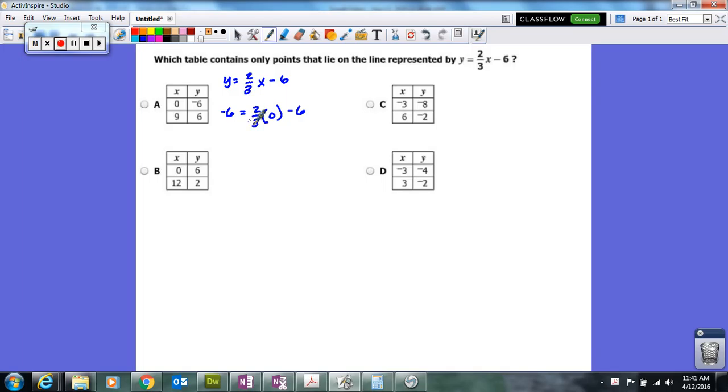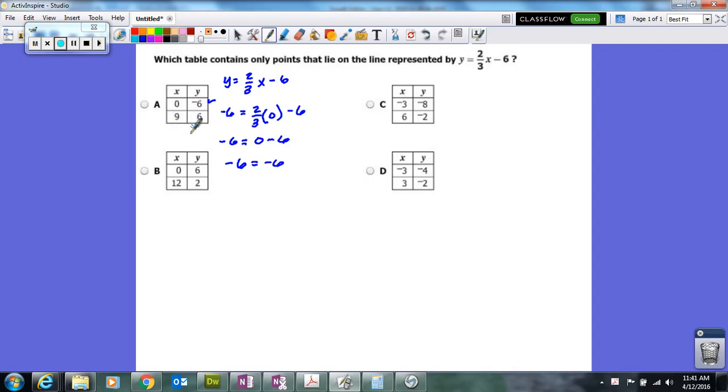Anything times 0 makes this a big fat 0. So 0 minus 6 is equivalent to -6. -6 does indeed equal -6. So this first ordered pair checks out.